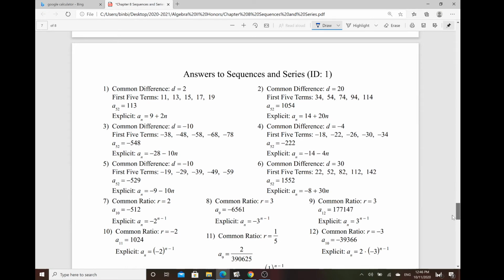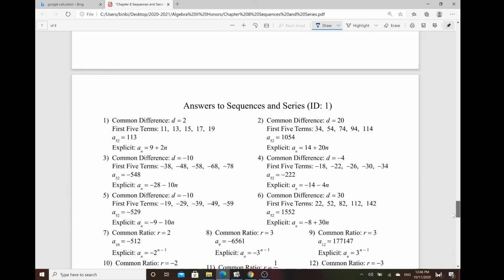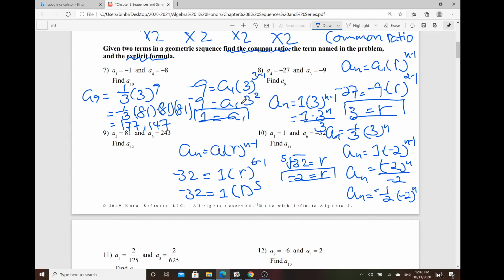The common ratio is 3 for number 8. That's what we found. A sub 1, I probably did it wrong for a sub 1. Let's see what I got here. Back to number 8. For a sub 1, I found it. It's actually... Oh, you know what? A sub 1 is supposed to be negative 1. Sorry about that.